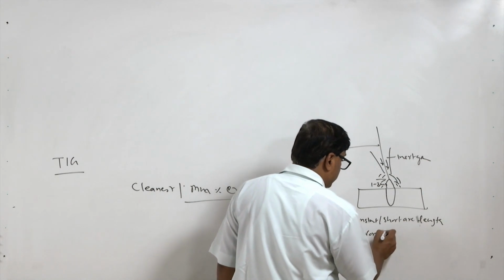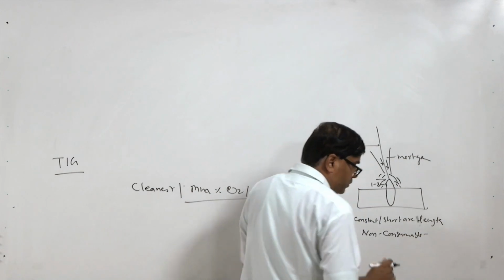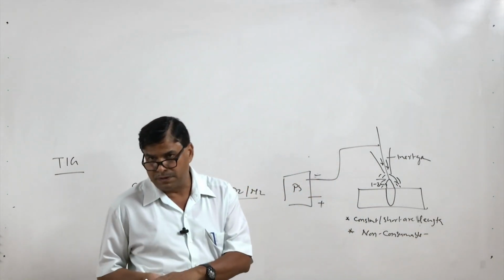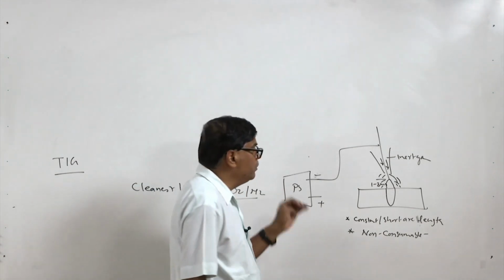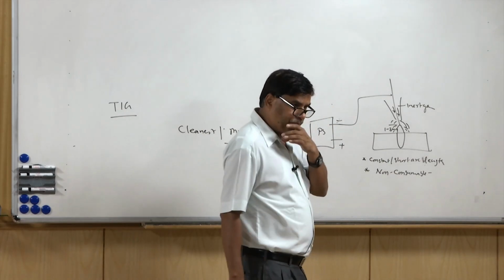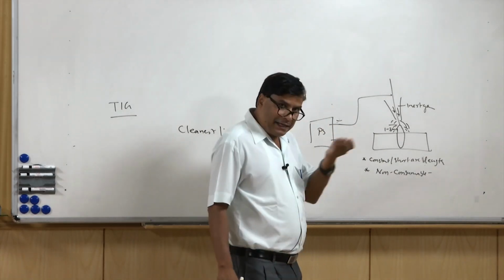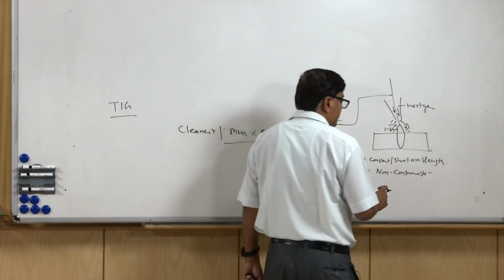the non-consumable electrode. In other processes, the electrode also contributes to entry of impurities into the weld pool, because the electrode tip melts and gets transferred into the weld pool, but here it is non-consumable. So nothing gets transferred into the weld pool as far as impurities like gases are concerned.